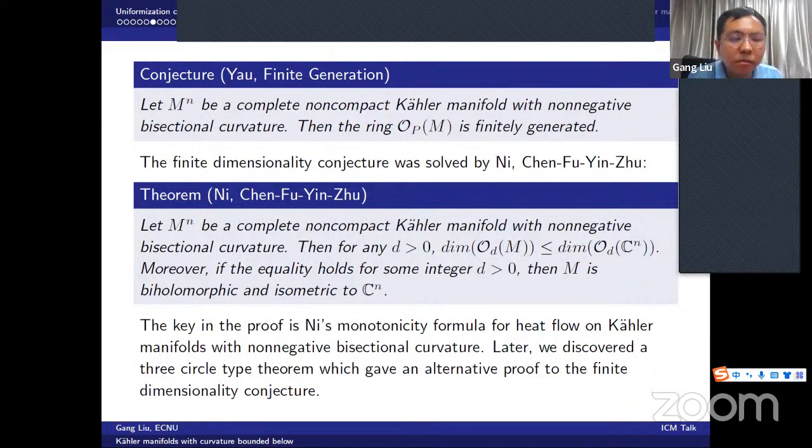The key in the proof is Ni's monotonicity formula for heat flow on Kähler manifolds with non-negative bisectional curvature. Later, we discovered a three-circle type theorem which gave an alternative proof of the finite dimensionality conjecture.